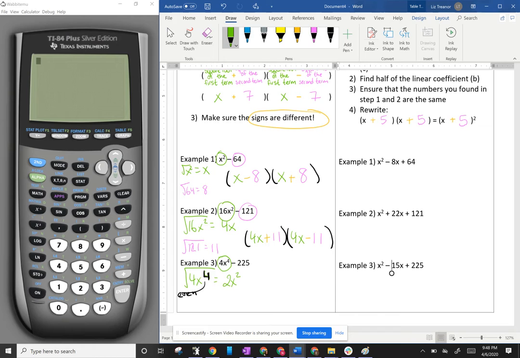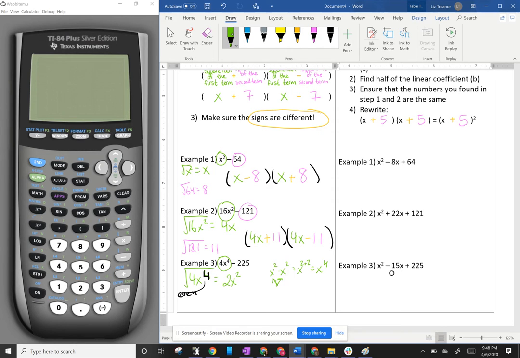And if you're wondering why this is true, if you remember your laws of exponents, x squared times x squared, these two are the same, right? We get x to the 2 plus 2, which is x to the fourth. That's going to be the same with any exponent that's even.